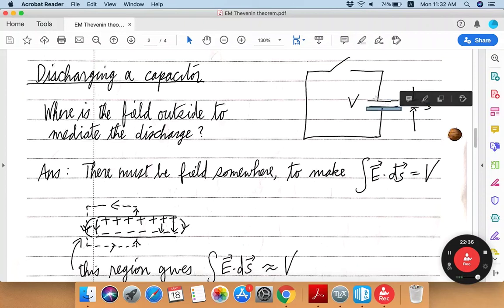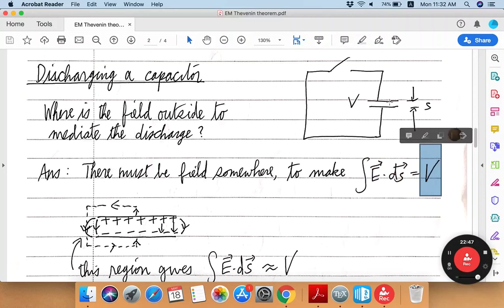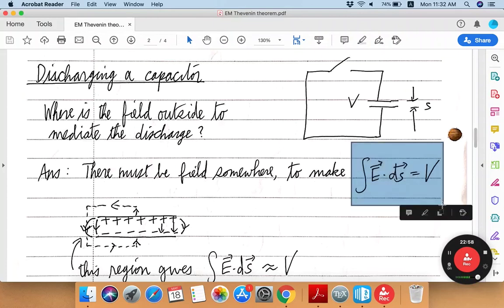If I choose such a path and perform this line integral, then the result has to be equal to the voltage difference between the two plates. And there's absolutely no way that you can get around this very general, very broad conclusion.